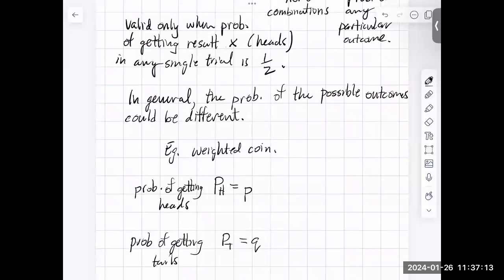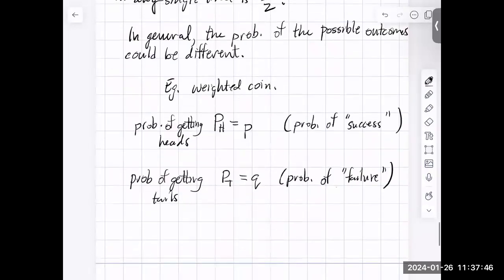People usually use Q and P for the binomial distribution, where P is the probability of success, the desired outcome, like getting heads, and Q is the probability of failure, getting the not desired outcome. So this is the probability of a successful event, and this is the probability of a failed event, a failure.